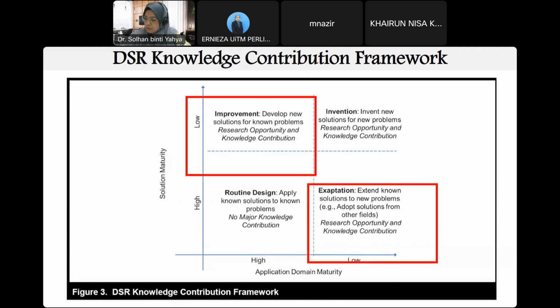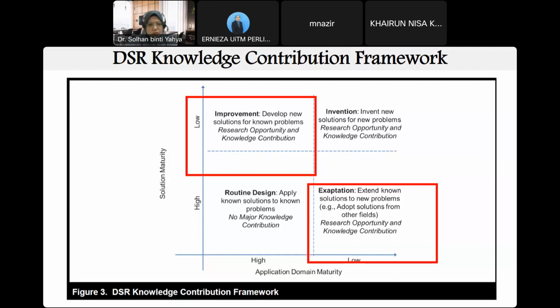So when we build the PhD thesis using design science, and we discuss the contribution in terms of knowledge contribution, a researcher can adopt the template and justify whether the solution is in the quadrant of improvement or the quadrant of exaptation. All right, the majority of students, even mine, will discuss the contribution in terms of improvement.